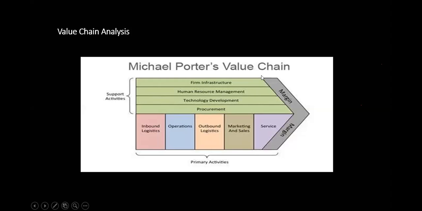That's about Michael Porter's value chain. I'm not going to describe it in detail, because you may learn the value chain in some other subject. What I am trying to say is that as a management accountant, you should be in a position to collect cost data according to this categorization when you are assessing the cost position of your business.